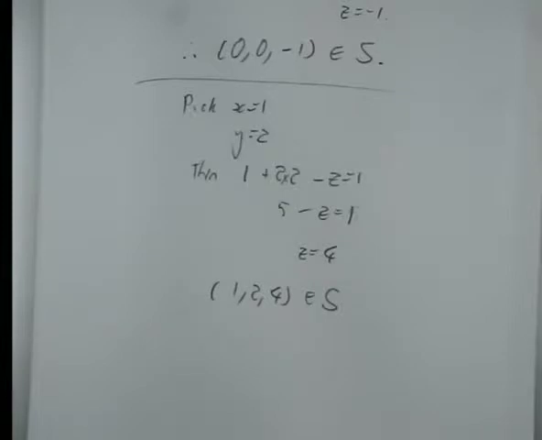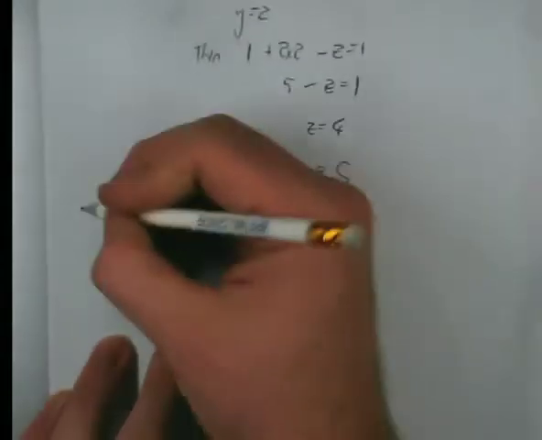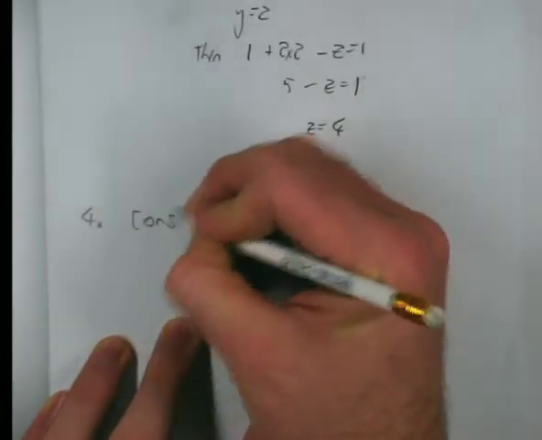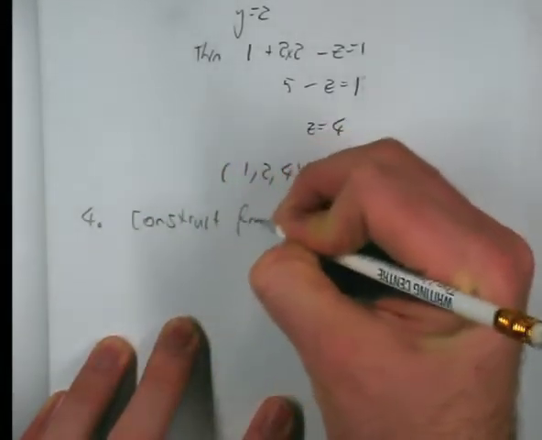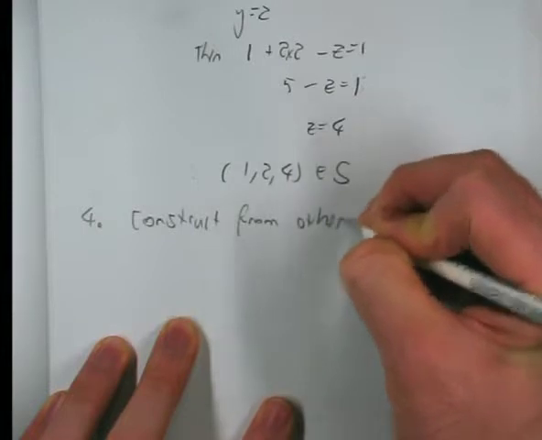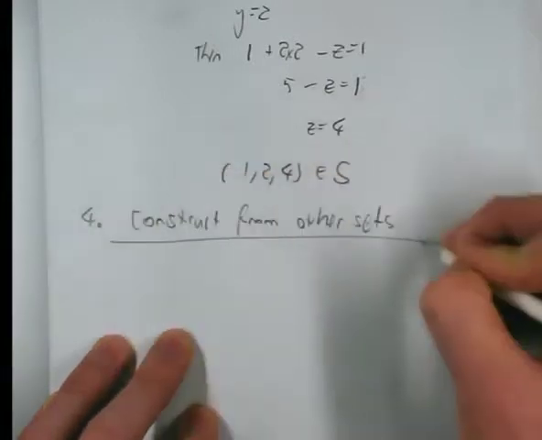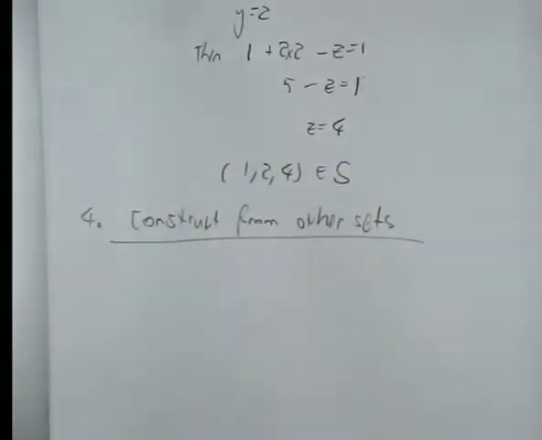Okay, let's just keep track of the ones I've actually done today. So I did say that there were 4 methods of finding sets. Method 4 is to construct it from other sets. So in calculus, right near the beginning, you actually saw this in some of the tutes, where you constructed sets on the number line from other sets, and it's the same thing.